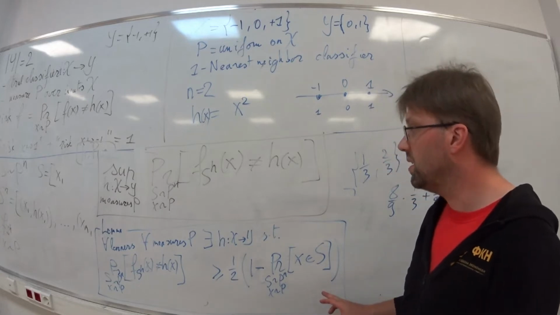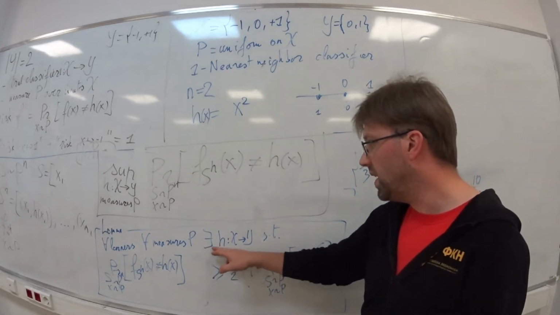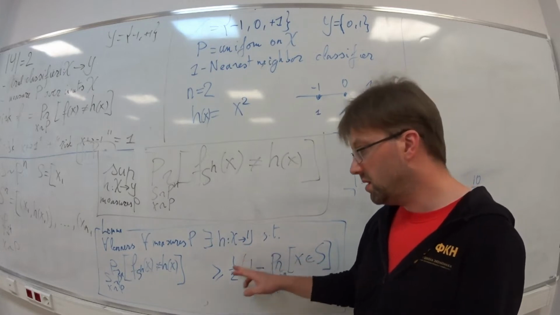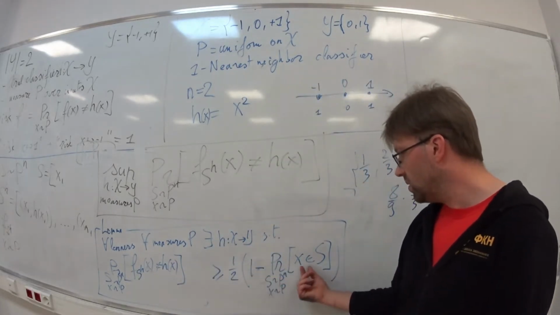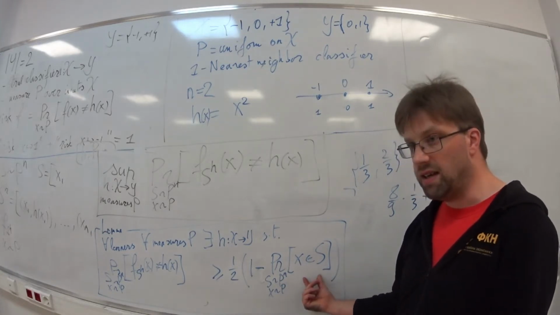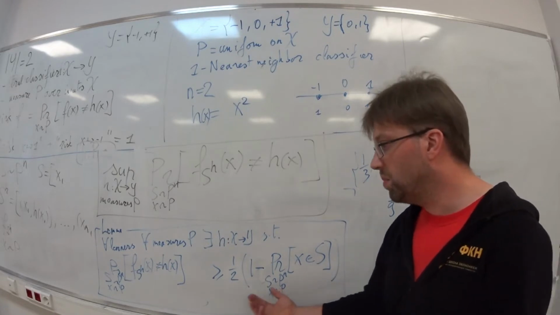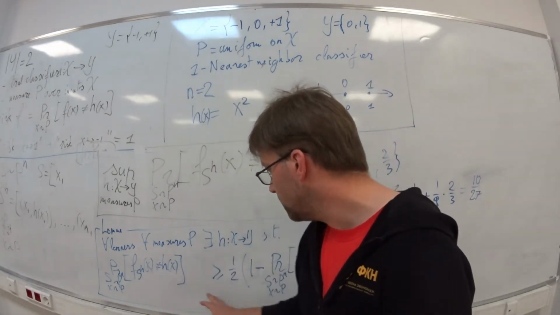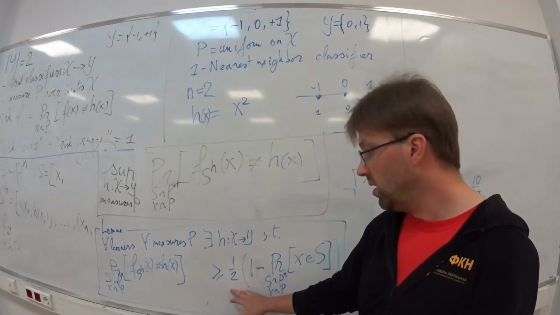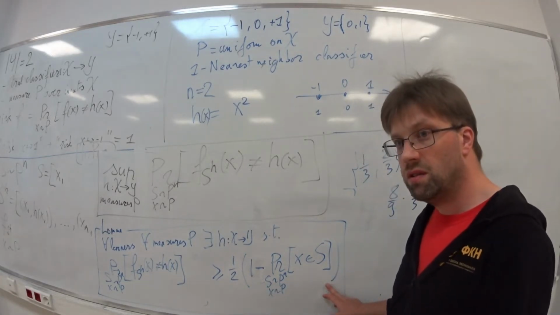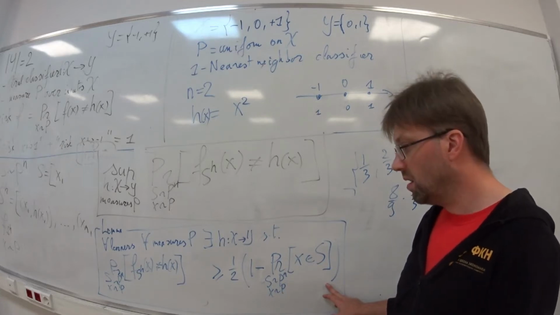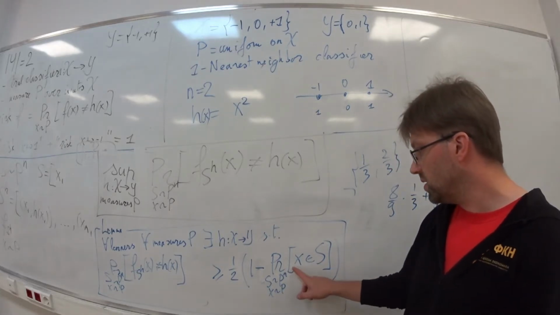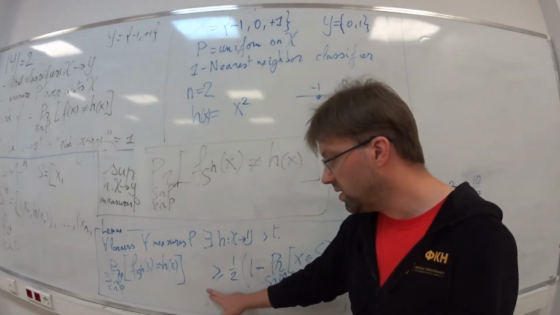I'm saying that there always exists a bad function on which the learning algorithm is as bad as just the probability that x is not in S. So the performance is just as good as random guessing, 1/2, on unseen inputs. If you're always good on seen inputs, then you achieve this with equality.